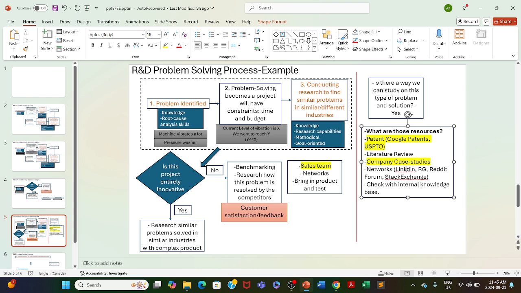I have no idea, so we can explore together and learn how we can find those relevant case studies and get ideas from them. Also, from networks, Stack Exchange and Reddit I have never used, so I'll probably study further about them in the following lectures.